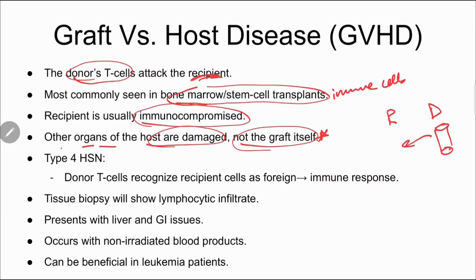Now in graft versus host disease, it is this bone marrow from the donor that starts attacking other organs, especially your GI tract, right? It's also going to be your liver, right?